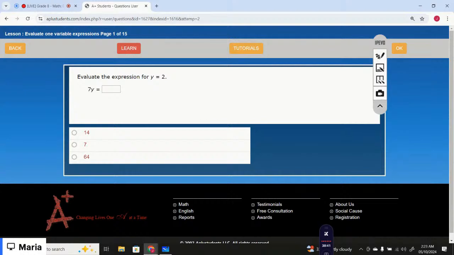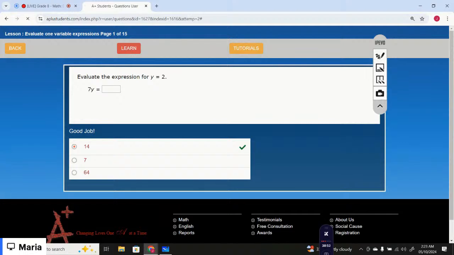Yes, you need to replace the y with the value. The value is 2. So 7y equals 14. Option number 1 is the correct option. Yes, that is the first one.